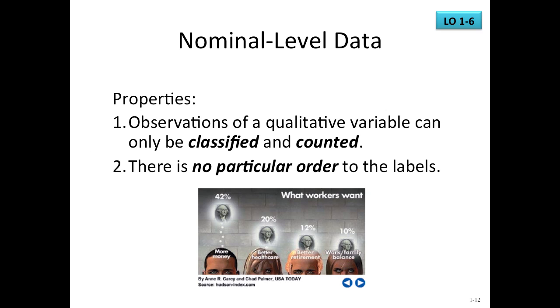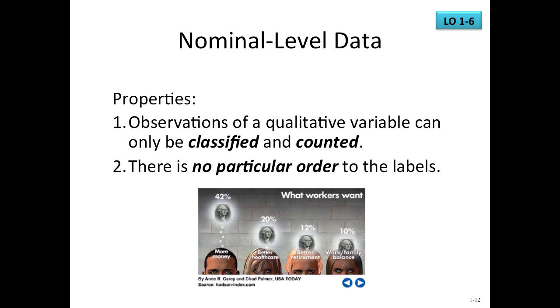So the properties of nominal level data is that you can name it. They can be counted. There's no ordering to it. The labels don't mean anything other than what they are, like male and female. You can't say that one's better than the other, right? What workers want: more money, better health care, better retirement, work-family balance.